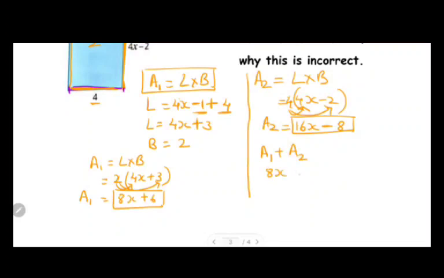Area of the first rectangle is 8x plus 6. Area of the second rectangle is plus 16x minus 8. Like terms together, 8x plus 16x, and plus 6 minus 8, which is equal to 24x minus 2.